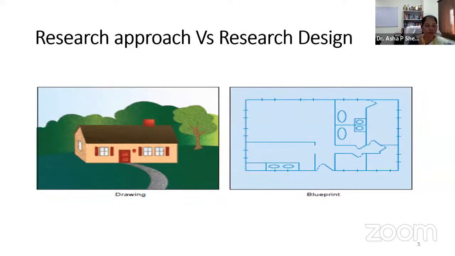Research approach is in a way how to deal with getting an answer to the question that is posed. And research design is something like a blueprint. If we have to build a house, we need a blueprint, a detailed outline of what to do, and the sketches that we need. This is the difference between a research design and a research approach.